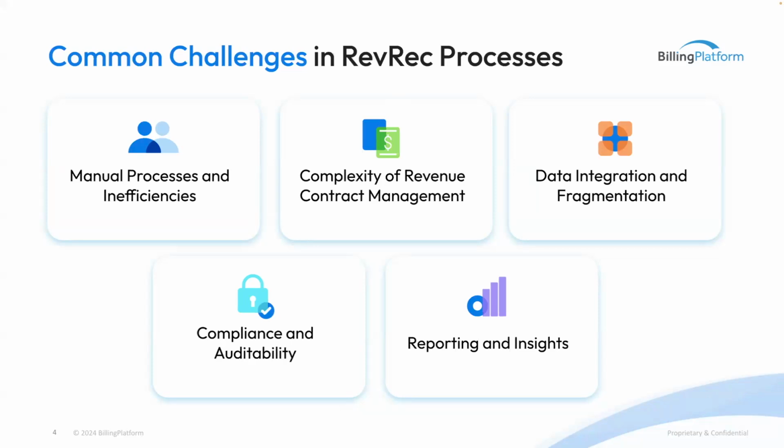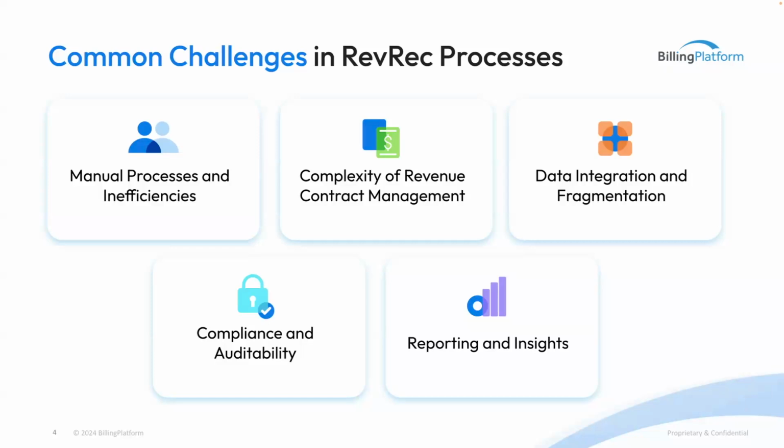We've got 5 larger themes that we'll go through today. First of which is manual processes and inefficiencies. 10 years ago, everything was done in spreadsheets, and now we're all trying to automate and use some new technologies. So we'll talk about pain points related to those legacy processes.